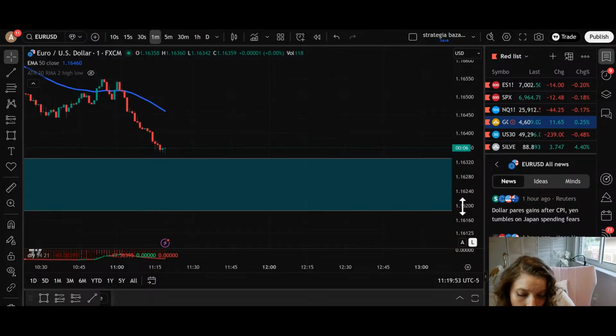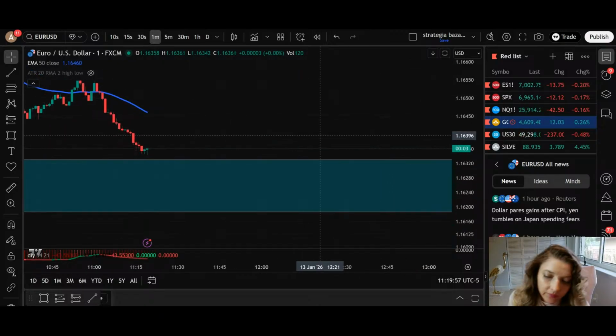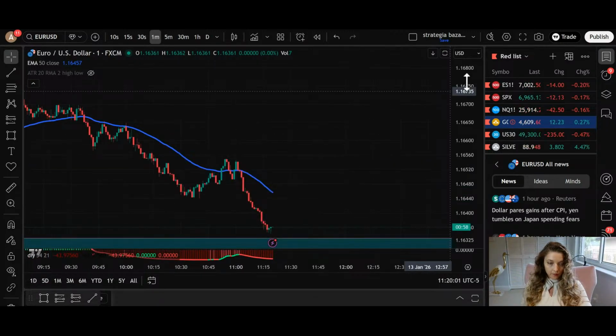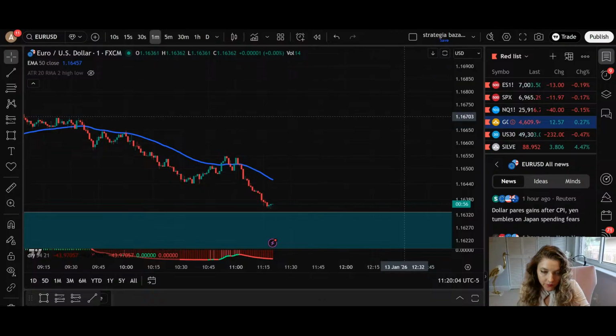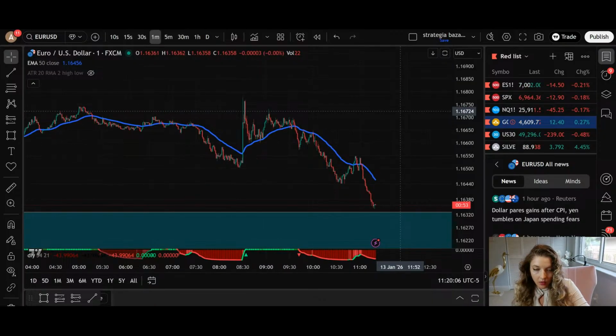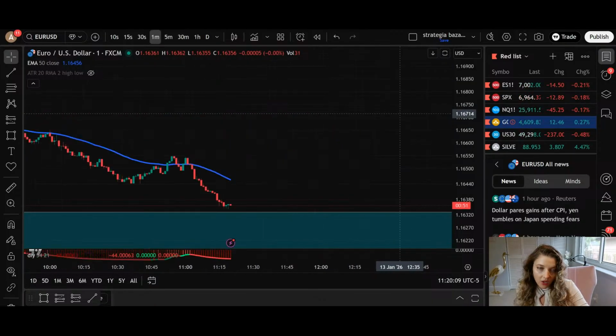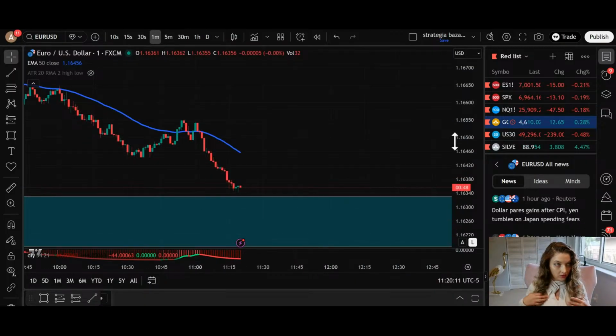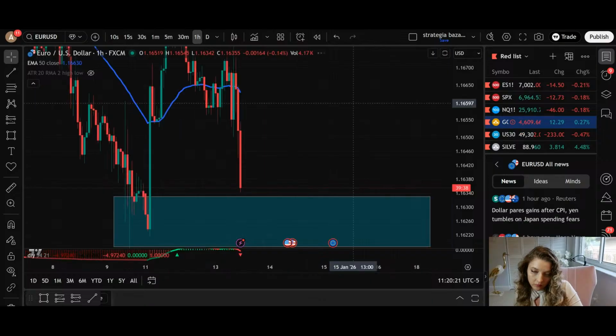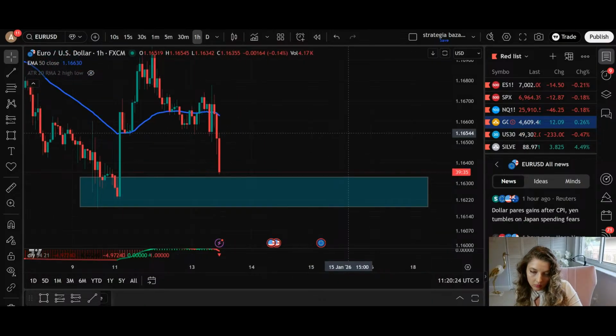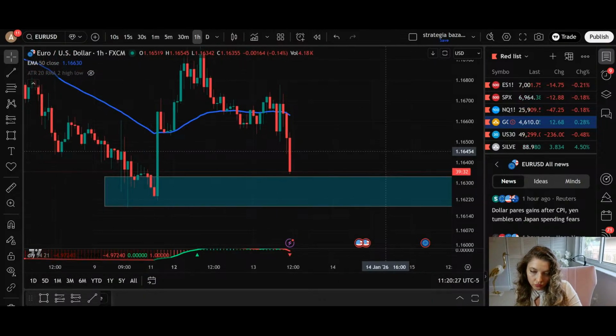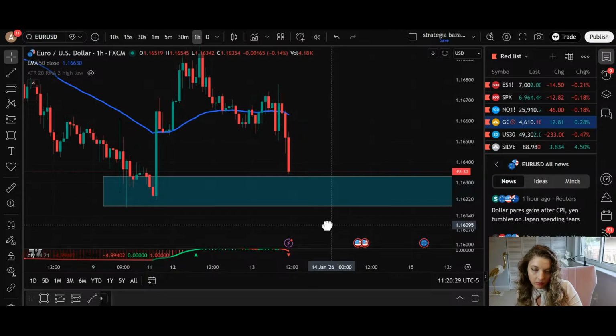Because I don't see it tonight. And what is your stop loss? One hour. Oh, okay. Below this area is your stop loss?